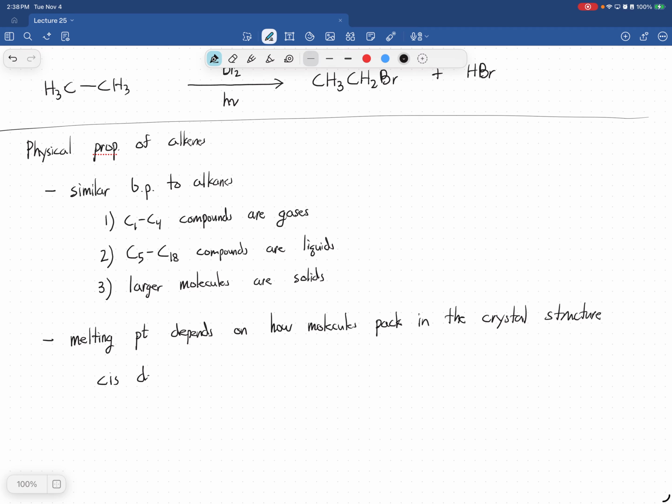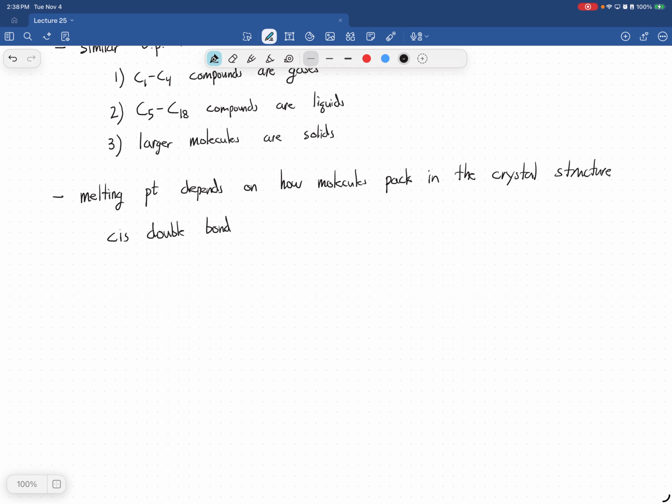So let's just draw a cis double bond here. All right, so I'm just going to draw a random double bond. All right.